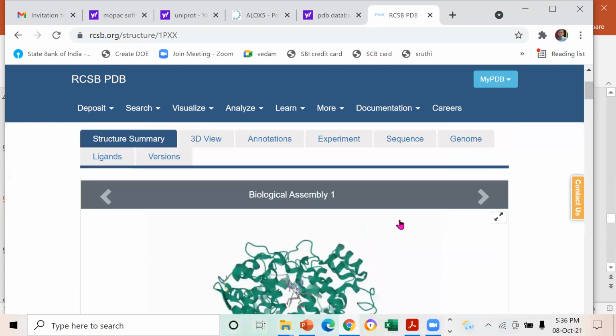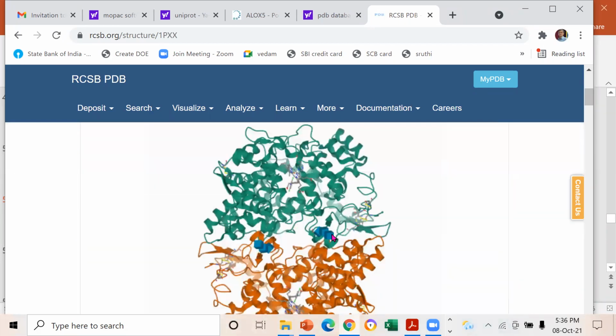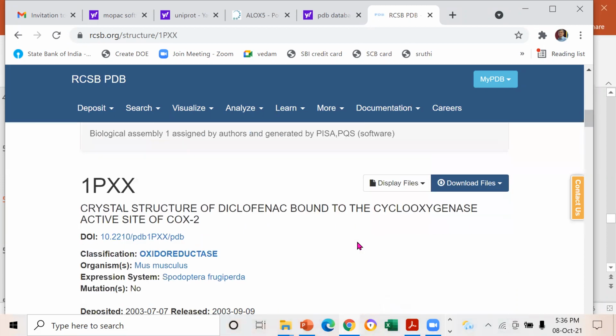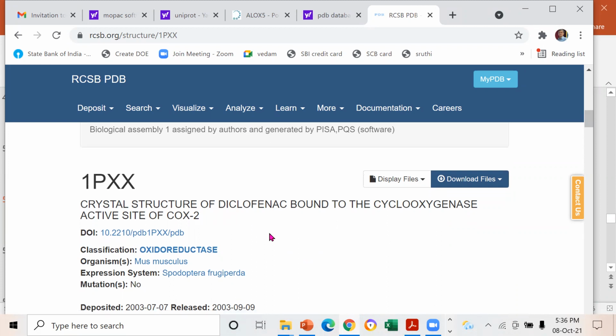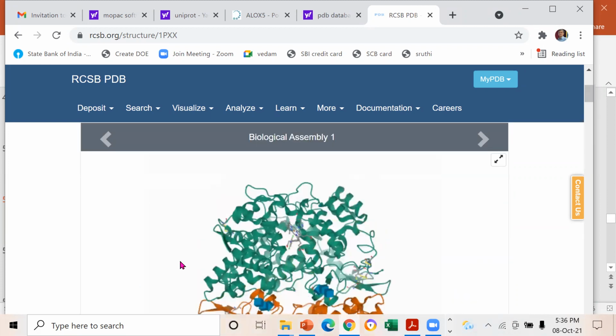1PXX. This is the crystal structure of diclofenac. Diclofenac is used for inflammation. It's bound to the cyclooxygenase 2 enzyme, which is involved in the inflammatory path. This is the enzyme.